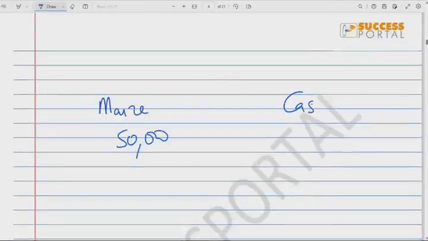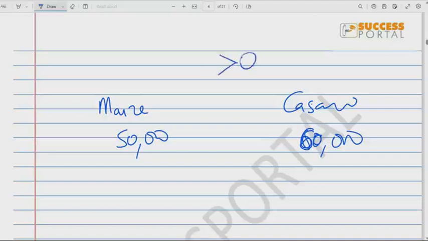Cassava flour is, let's say, 50,000 or 60,000. What it means, if these ones are substitutes, right? The answer immediately will always be greater than zero.